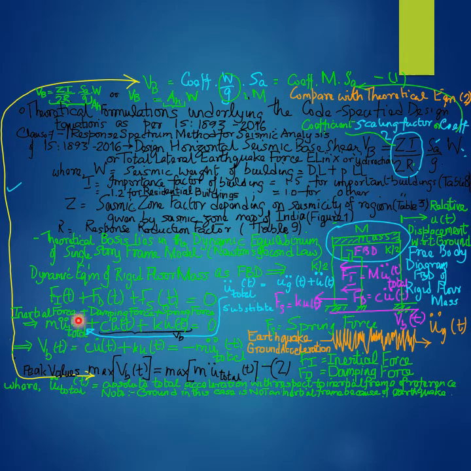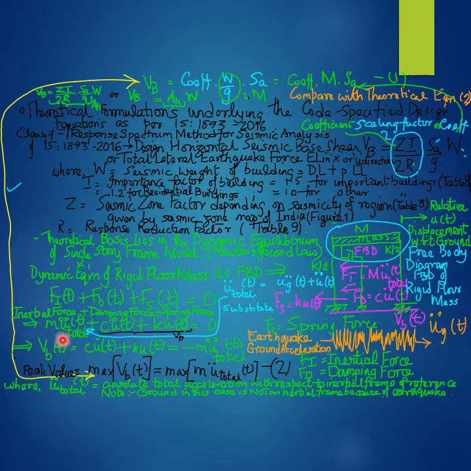u double dot total, the notation for the total or absolute acceleration of the floor mass, times the mass m, that is the value of the mass of the floor denoted as small m, represents the inertial force.